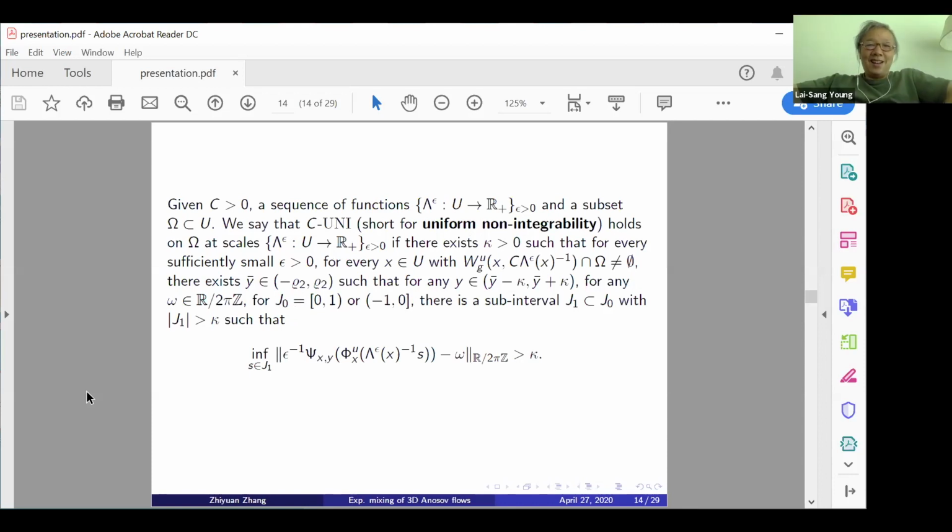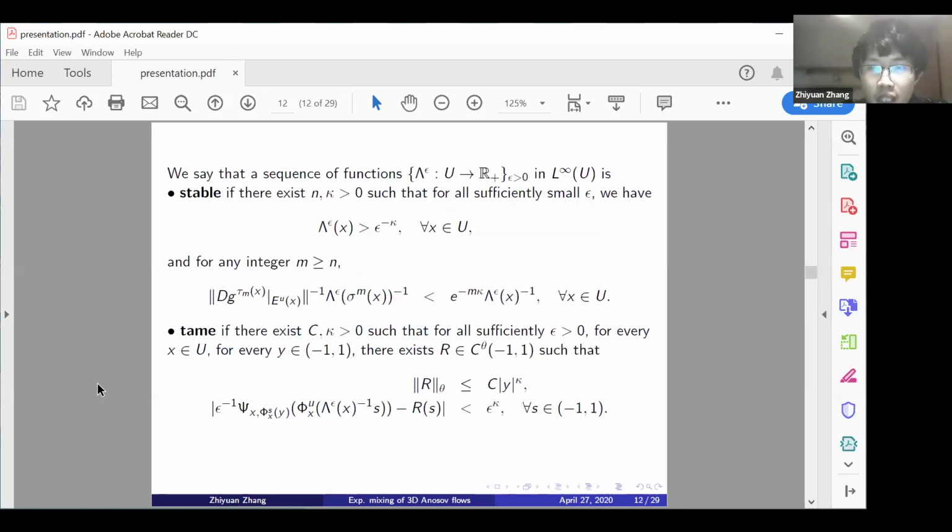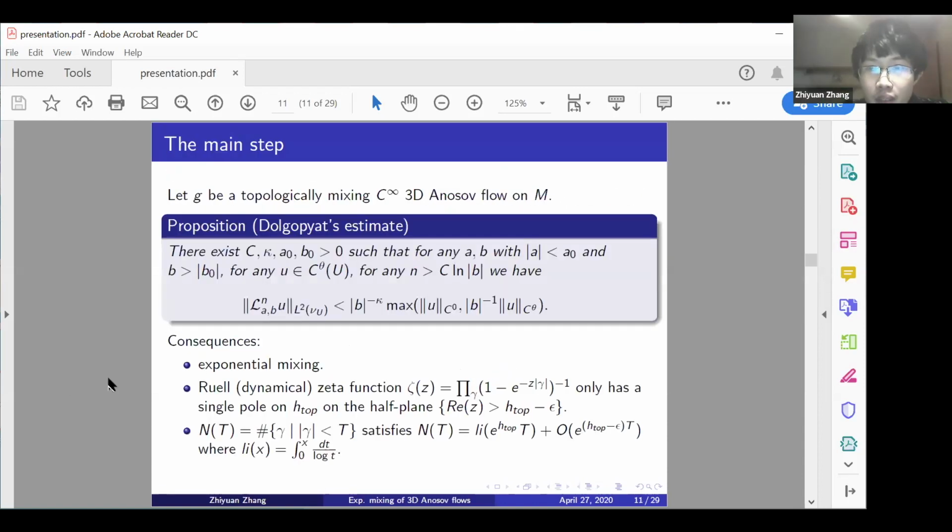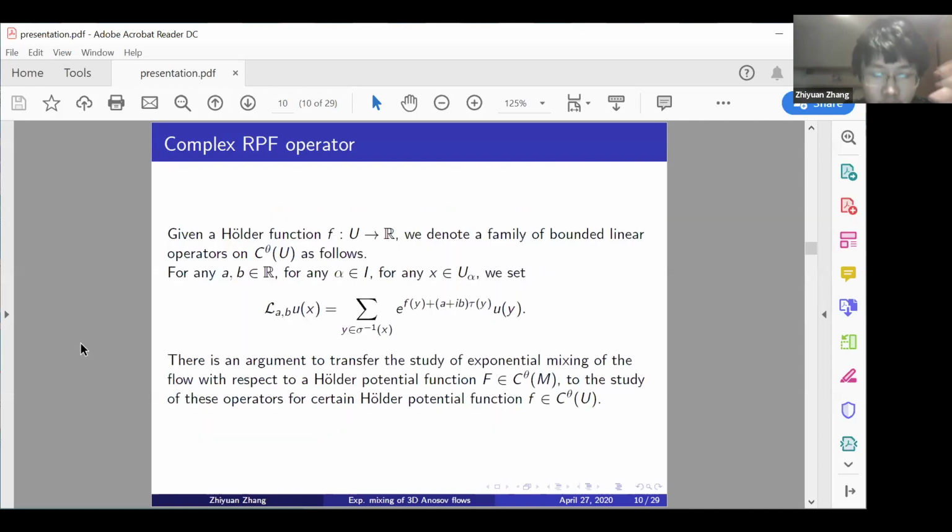There's no difference there. So basically, if it is an equilibrium measure, you can transfer the study of this flow on the manifold to the study of this.